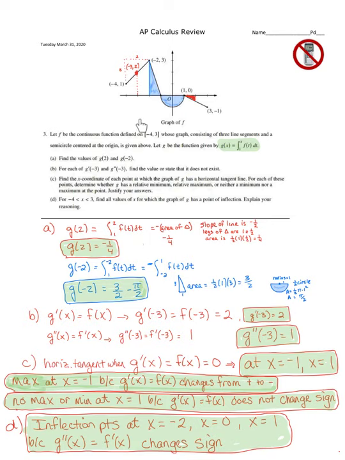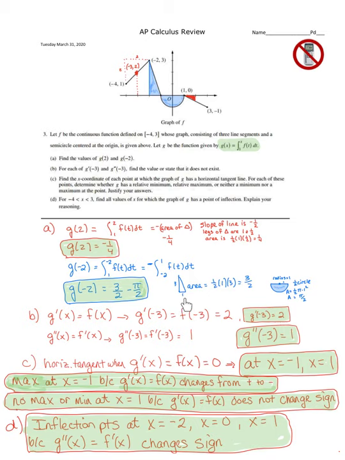Then g of -2 is going to be the integral from 1 to -2, which means we're going left. And the best thing to do when you have that situation is just to flip the bounds and make it the opposite of the integral from -2 to 1. So we're going to go from -2 to 1, which means we have this blue triangle plus the semicircle.